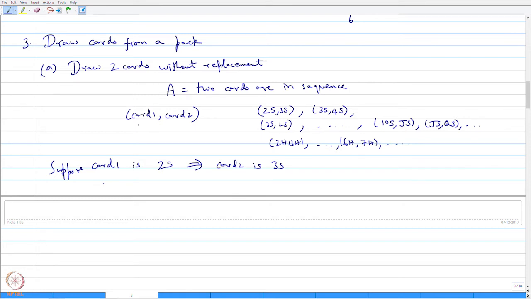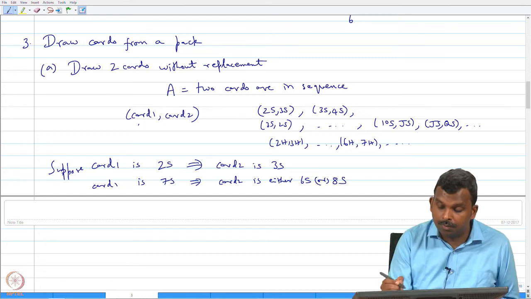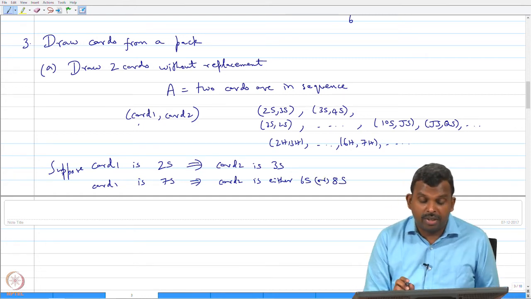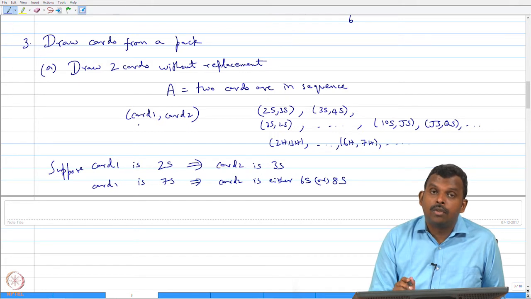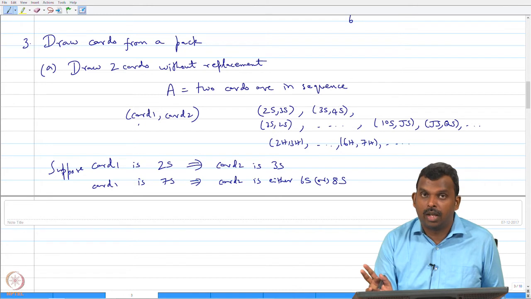Now, suppose card 1 is 7 spades, this will imply card 2 is either 6 spades or 8 spades. So, if you think about it very carefully, if the first card is either 2 or ace, of any suit, then the second card has only one possibility.